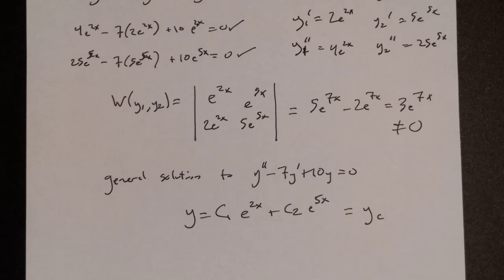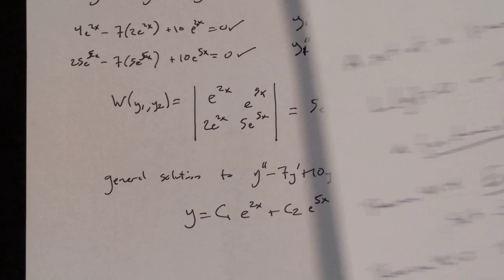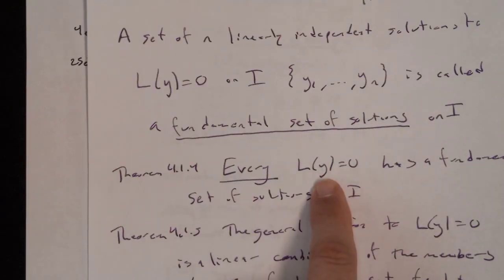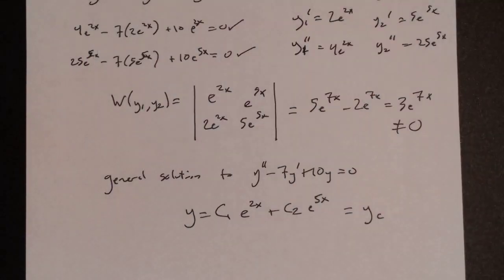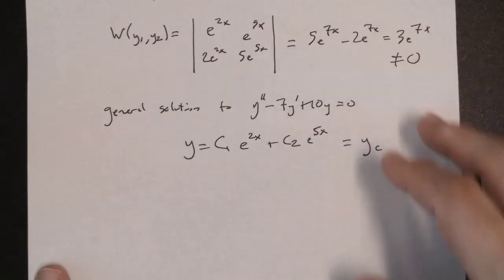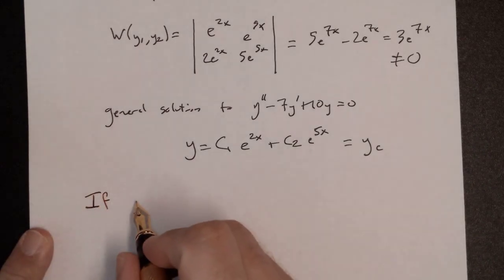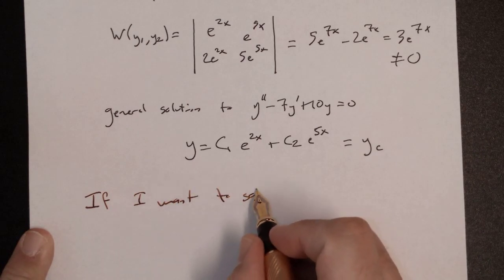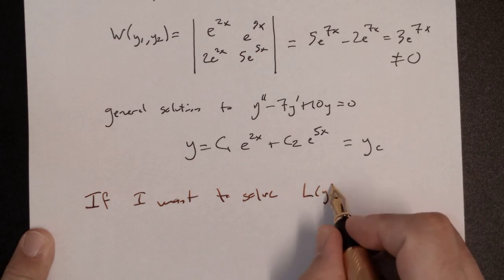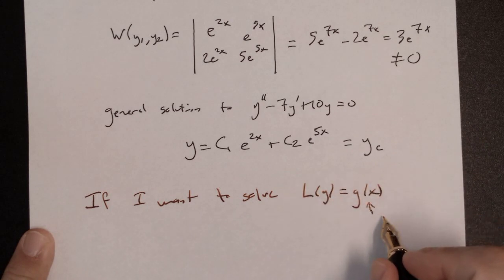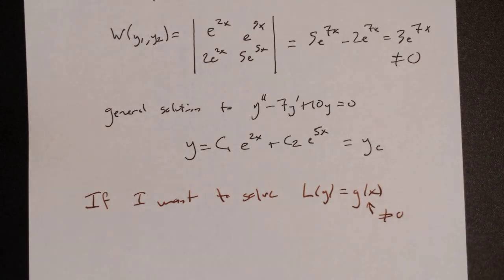Okay. All of this has been predicated on the fact that what I am trying to solve, what my theorem tells me about, is this: a homogeneous differential equation. If I want to solve where the right-hand side isn't 0, well, then I have to do something extra.